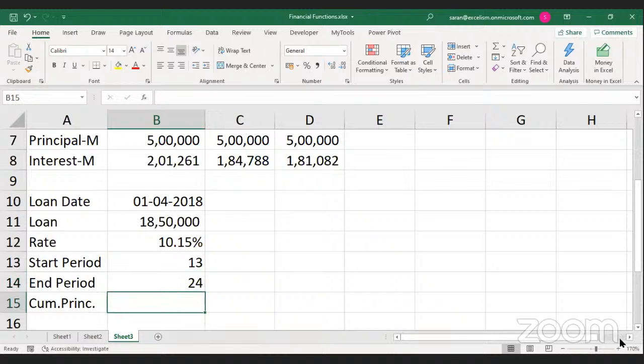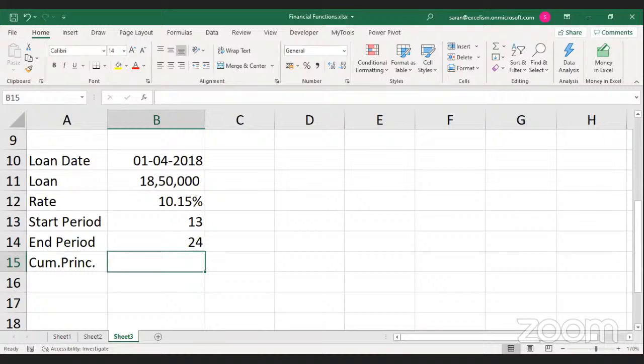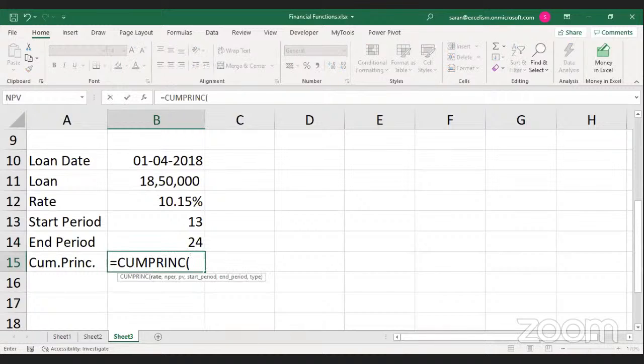So if I want to calculate the cumulative principal, I can just take CUMPRINC as the function. You need not do anything. Don't put a lot of things into your brain. Simply follow Excel. Excel is asking me to take the rate. Let me take this rate. Of course, because he's going to pay the monthly EMI, it is divided by 12.